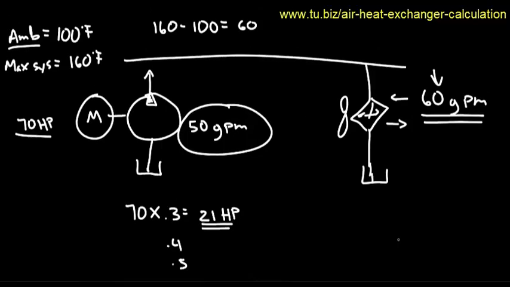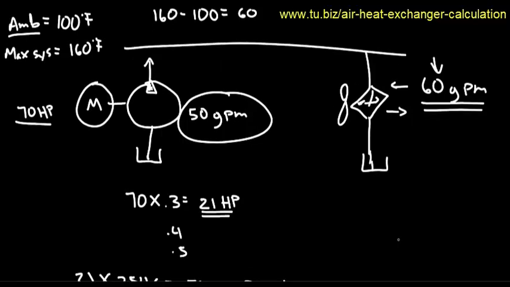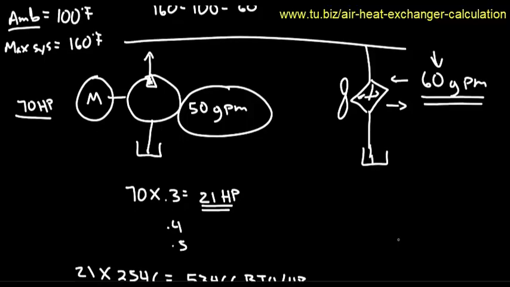And like I say, this is for an air heat exchanger. If it's a water heat exchanger, that's a different story. You have to have water temperature, oil temperature, and see how much cooling comes out of the heat exchanger. One thing both calculations have in common is the horsepower removal.